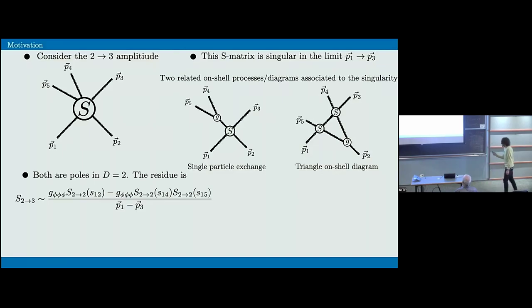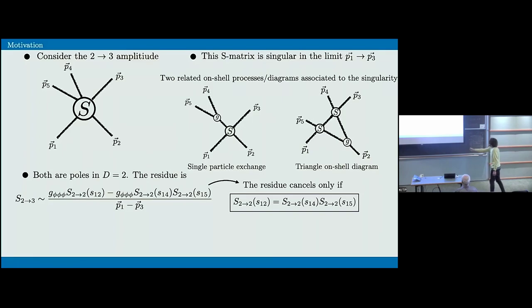Now, I'll soon argue that there's an inconsistency unless this residue vanishes. But this residue can only vanish if the S matrix satisfies this equation. And it turns out that the optimal S matrix from the last slide does not solve this equation.